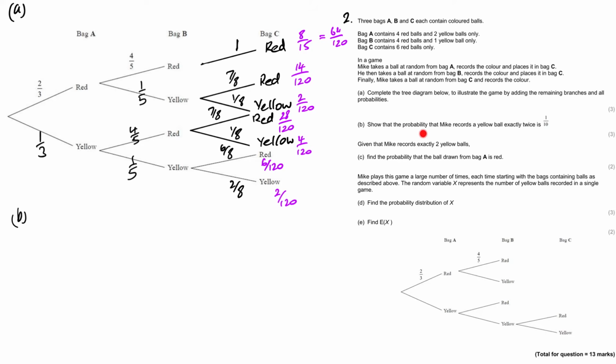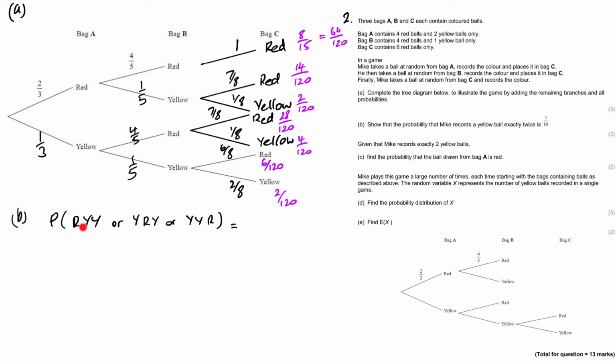So show that the probability that Mike records a yellow ball exactly twice. So that means that Mike could go red and then 2 yellows, because that's red, yellow, yellow, yeah? Or you could go yellow, red, yellow, or you could go yellow, yellow, red. And that's the way he's going to get exactly 2, isn't it?